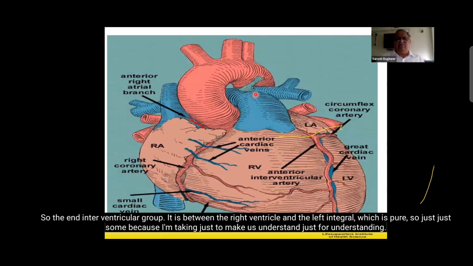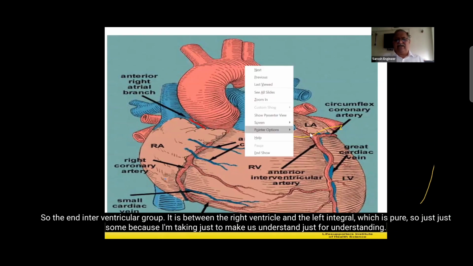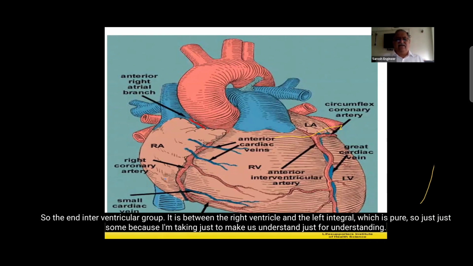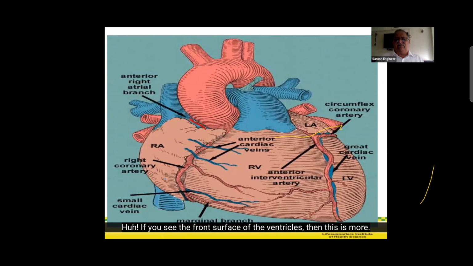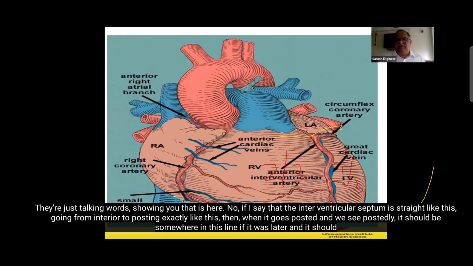I'm just taking some figures to help us understand. If you see the front surface of the ventricles, this is approximately two thirds to the right and one third to the left.